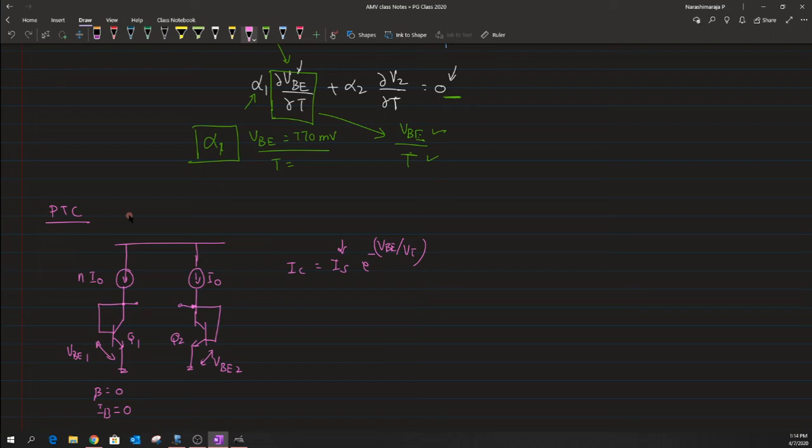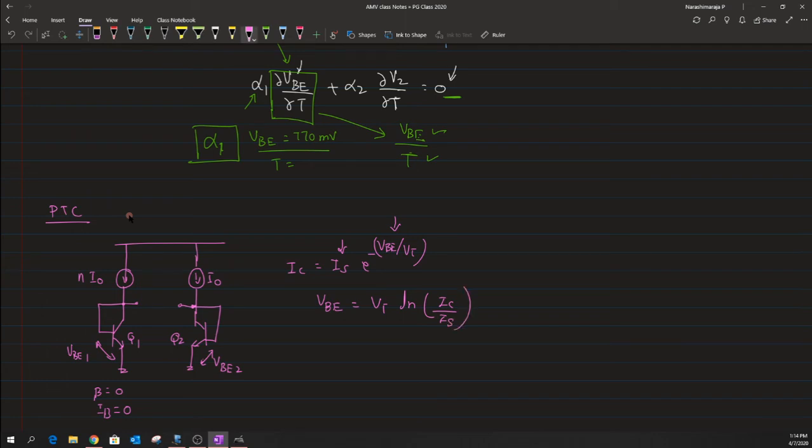Okay. So, one could get this value of VBE by just taking ln on both the sides. One could write this VBE as VT times ln of IC by IS, and this is the well known expression that we have used even during the discussion of negative temperature coefficient term.